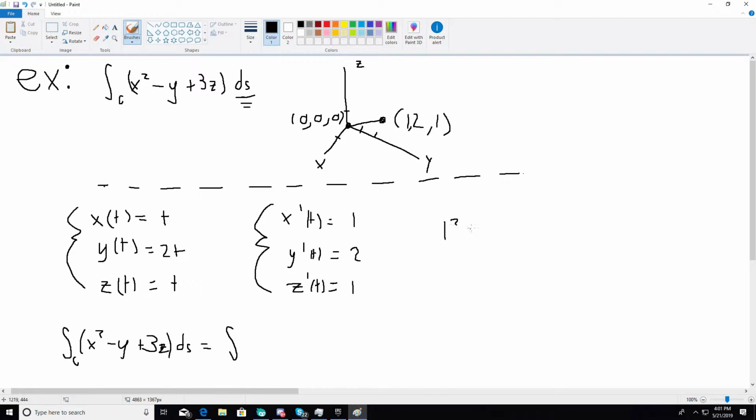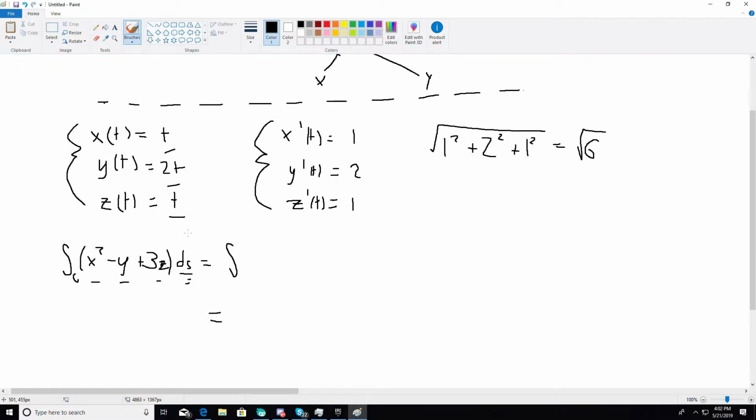So you get 1 squared plus 2 squared plus 1 squared, all under radical, so you get radical 6. Now we can replace this for our ds over here and multiply it by dt, and make sure you replace all of your x, y, z terms with your new parameterized t terms.